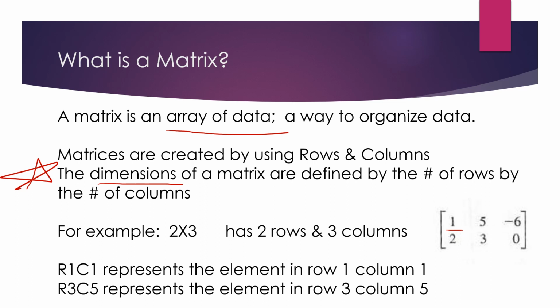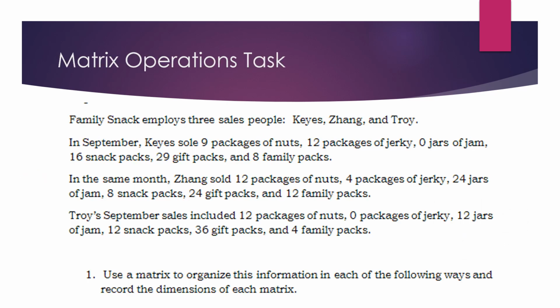If we had a larger matrix, then we would look at row 3, column 5. So I would go down to row 3 and all the way over to column 5 and state its particular element. So any variable, integer, or combination of the two that you have in a particular space is an element of a matrix.